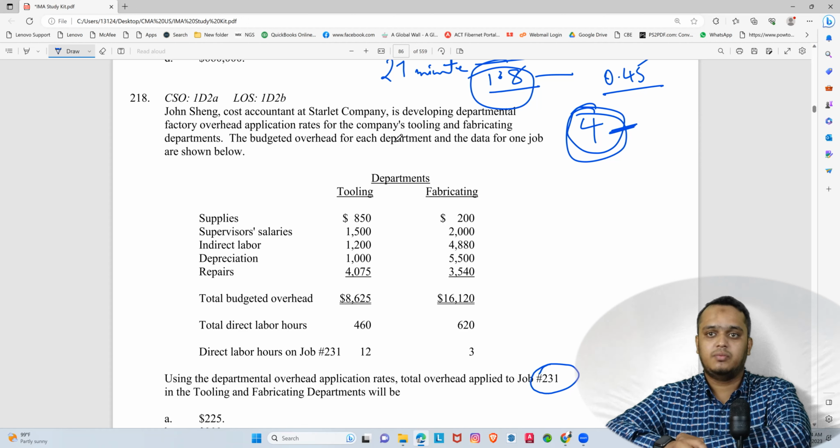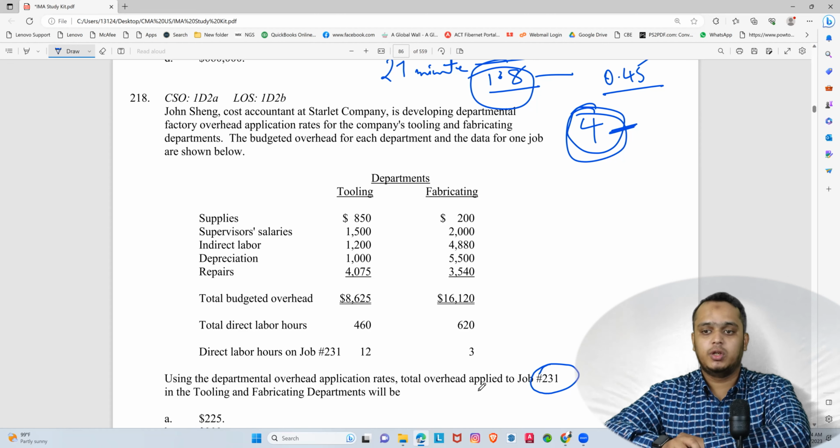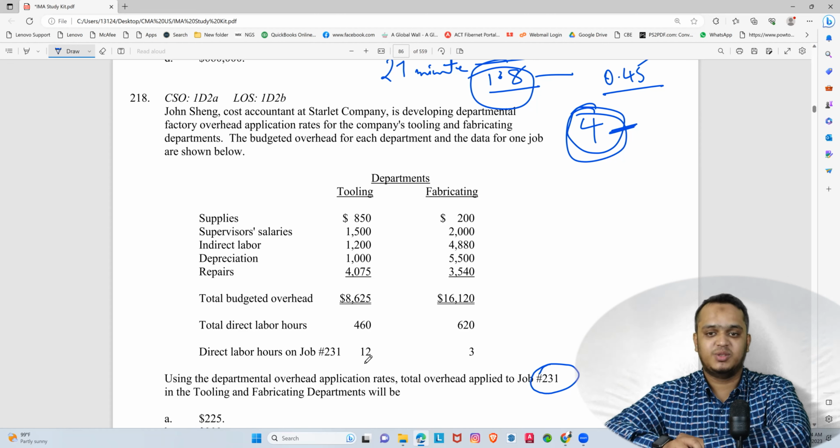The production overhead for each department and data for one job are shown below. So data for one job is given to us, and using departmental overhead application rates, you're finding out what is the total overhead applied to it.